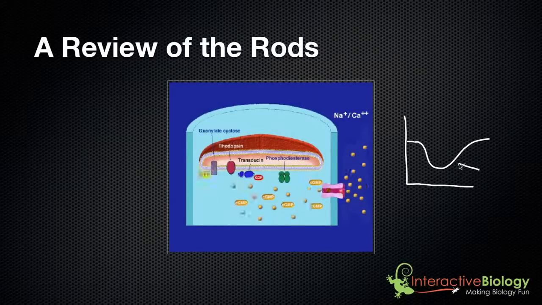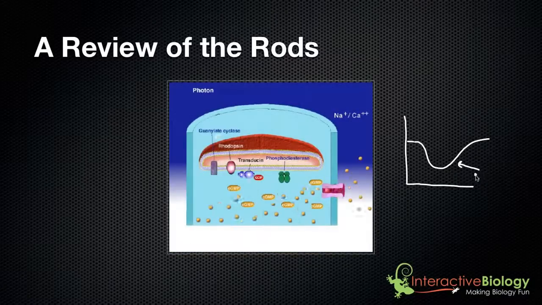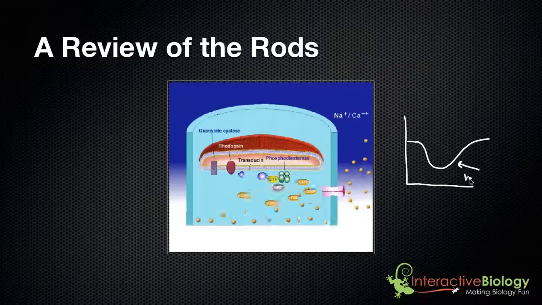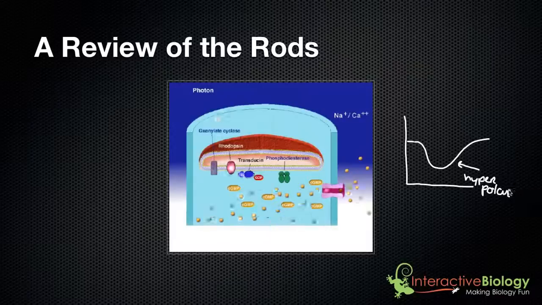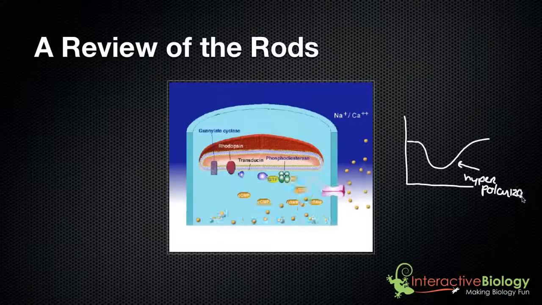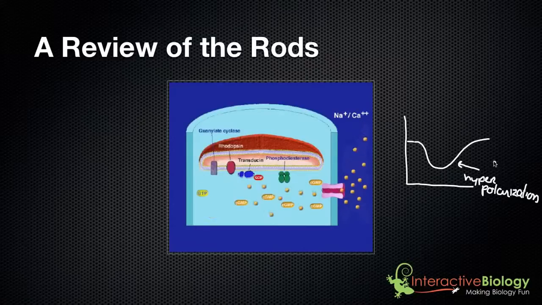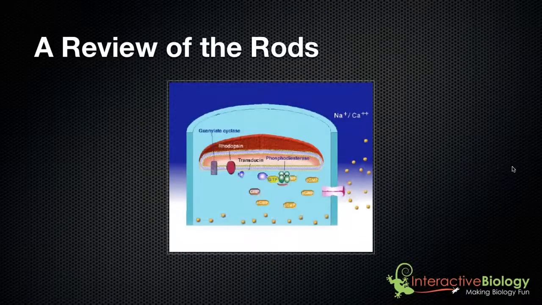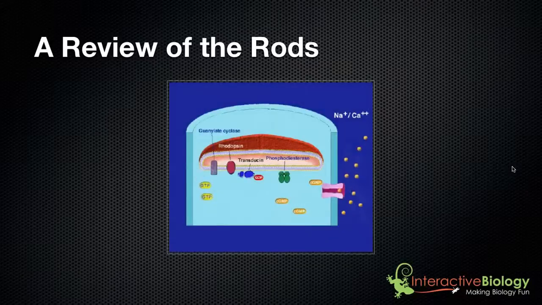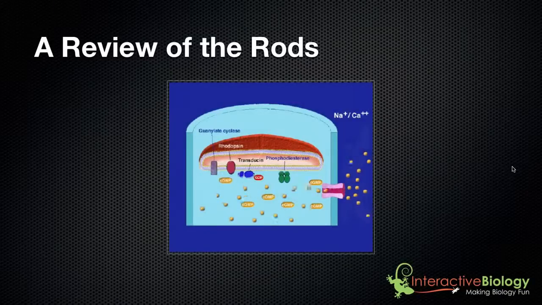This process, as before with the neuron, is called hyperpolarization. I'm going to write it as two words because I'm running out of space. Hyperpolarization. All right, so that is what happens in response to light. I hope that review makes sense. If not, go back to the previous episode and you'll get more of those details.